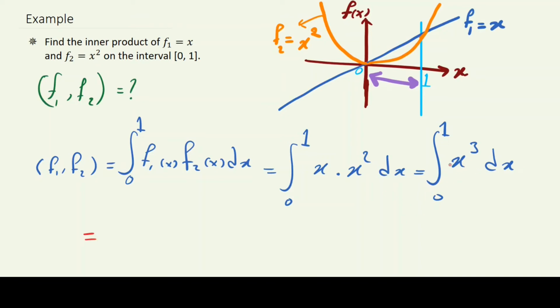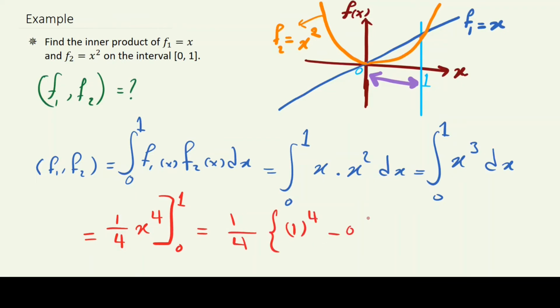The integral of x cubed is 1 over 4 x to the power 4, from 0 to 1, which is 1 over 4 times (1 to the power 4 minus 0 to the power 4), which is 1 over 4.